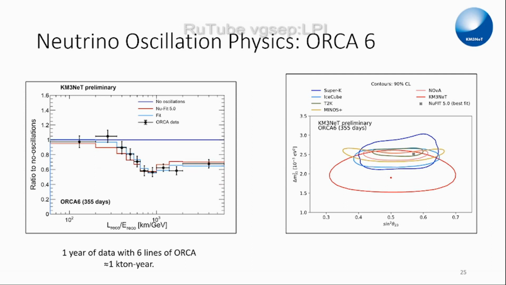In this way, you can again determine these atmospheric oscillation parameters, sine squared 2 theta and delta m squared 3,1, and it looks a lot better than the ones measured by ANTARES, because the energy threshold is lower, more in the region where you actually see significant effects of these oscillations. So this is, again, for a small detector, 1 year of data.